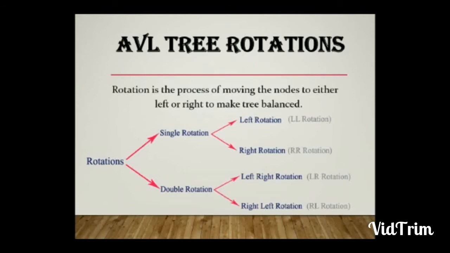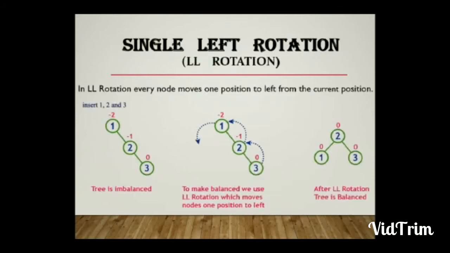A rotation is the process of moving the nodes to either left or right to make the tree balanced. Rotations are of two types, either single rotation or double rotation. Single rotation is further divided into left and right, and double rotations into left-right and right-left.